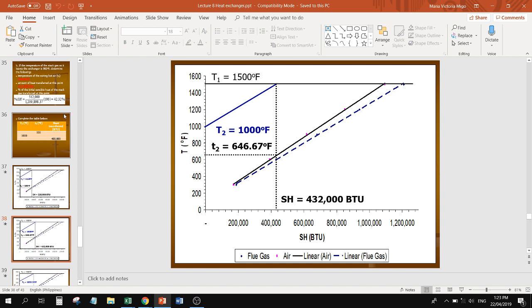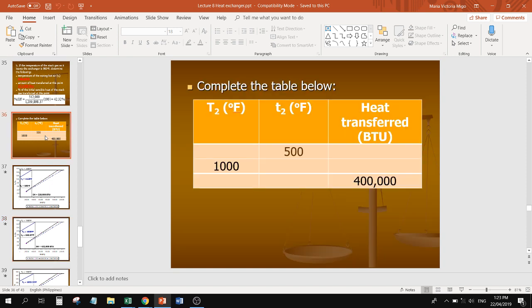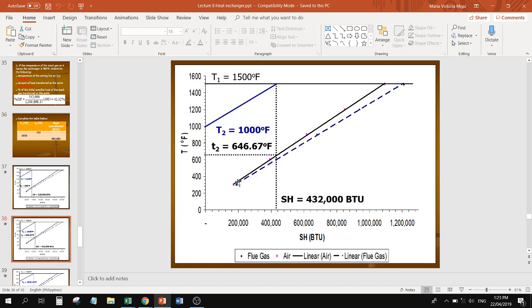So that is how you solve graphically. The next one is, what if the temperature of the hot flue gas is 1000 degrees Fahrenheit? So what you will do is make a line parallel with the hot flue gas line, and you get the intersection of that line with the horizontal line at 1500 degrees Fahrenheit.